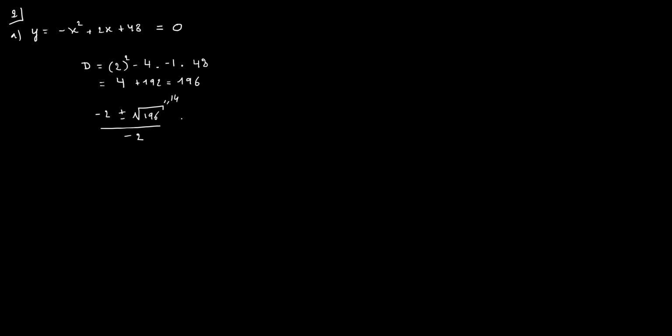Okay, you can work this out then, and then you find two roots. You find minus 6 and 8 normally. Let me see if I didn't mess up with writing over here. So we get minus 6 and 8. Yes. Okay. So once you have this, you know the roots of your function.